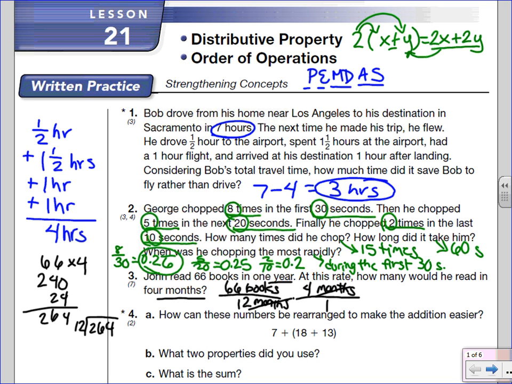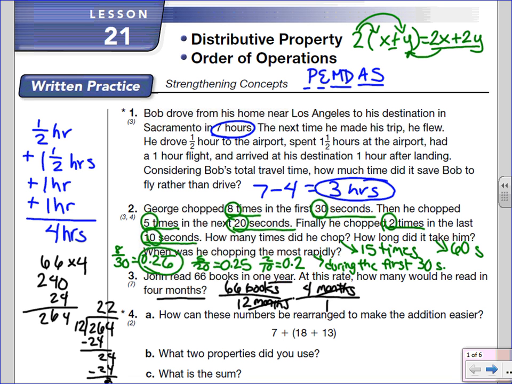12 goes into 26 twice. 2 times 12 is 24. 26 minus 24 is 2. Bring the 4 down. 12 goes into 24 twice. 2 times 12 is 24. We know we're done because we have 0 down here and no more numbers.